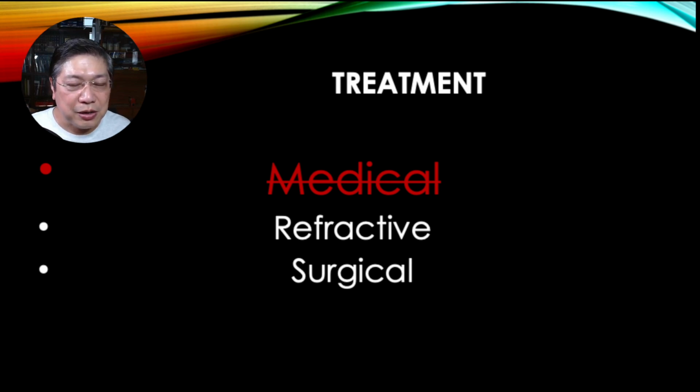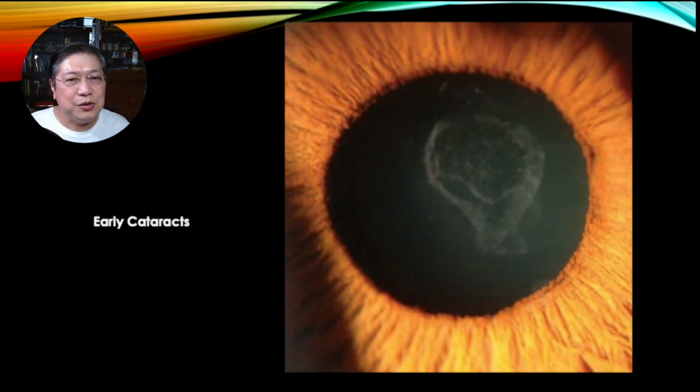Okay, so what you're left with is refractive and surgical. Refractive means giving your patients glasses. But what do you mean by just giving patients glasses? How do you know that the patient would need glasses? Because the other treatment would be surgery.